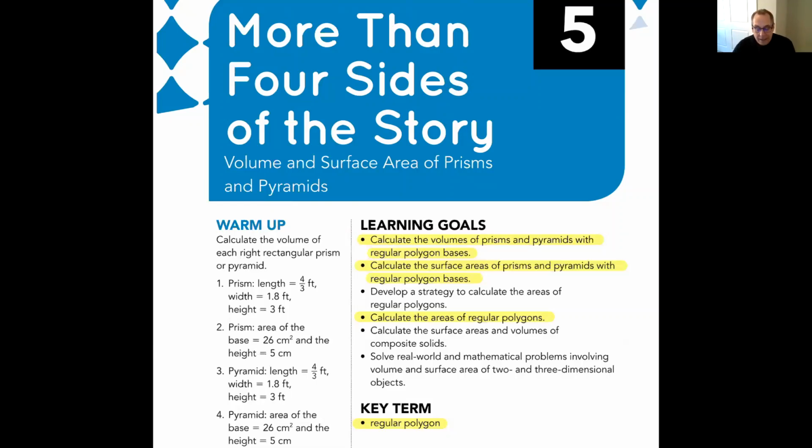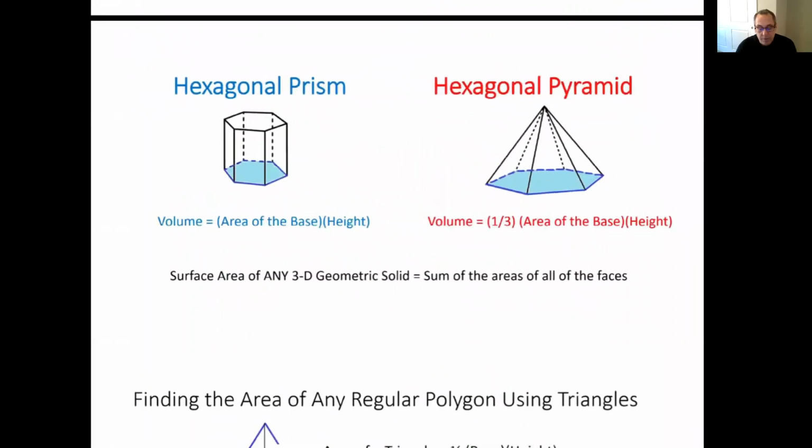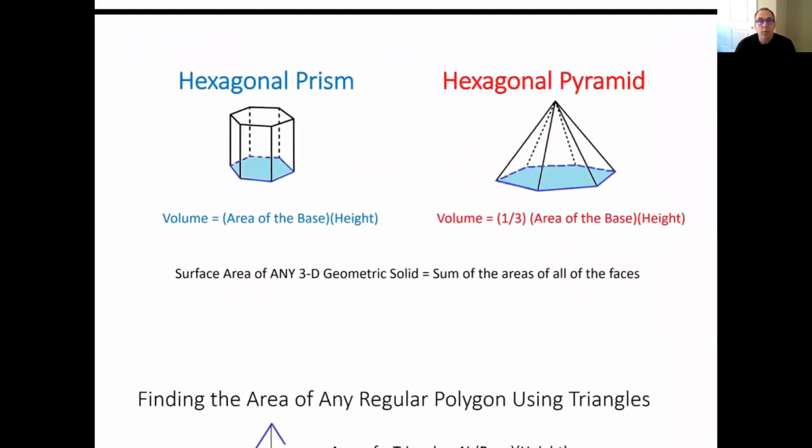So we're going to jump right back in and have a look at what we were talking about before, which is regardless of the type of prism or pyramid that you have, these formulas will always work for the volume of the prism or the pyramid.